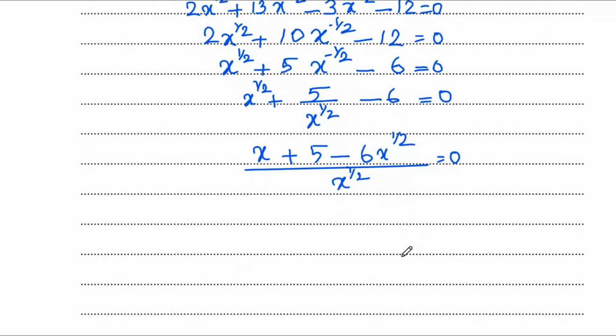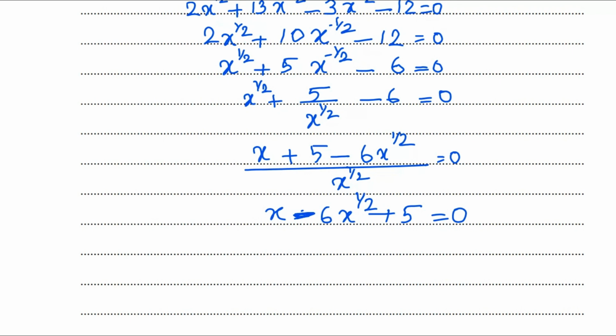Or we can write this as x minus 6x power 1/2 plus 5 is equal to 0. The denominator x power 1/2 goes to the other side, so 0 multiplied by that term will become 0.